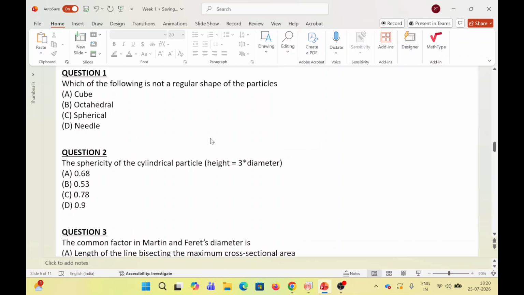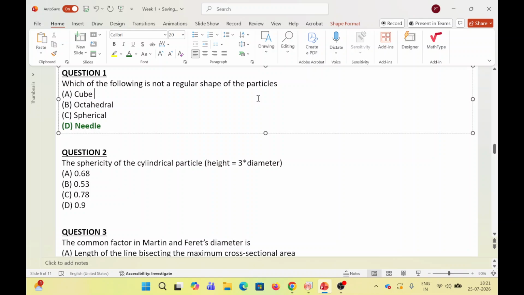So what's the answer for the first question? Which of the following is not a regular shape of the particles? The needle. That's a simple question. The answer is needle, because when I say regular shape of particles, the question means a polygon.